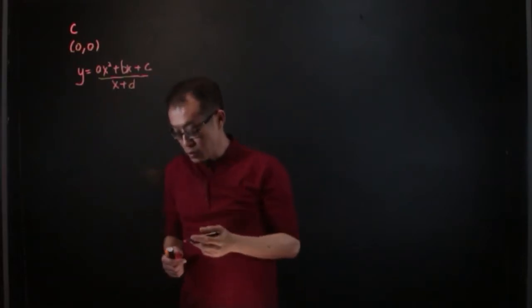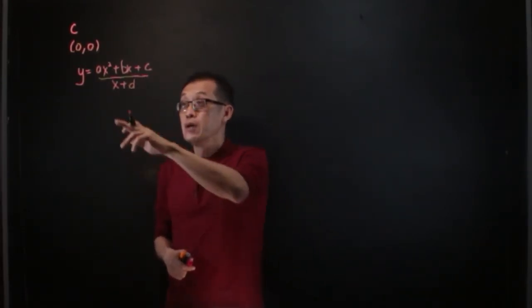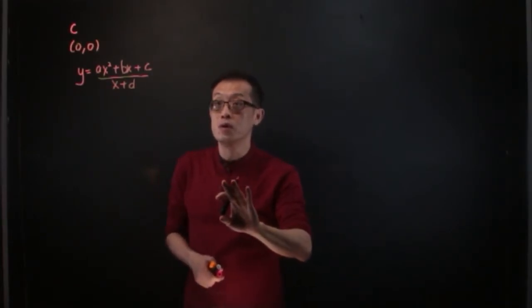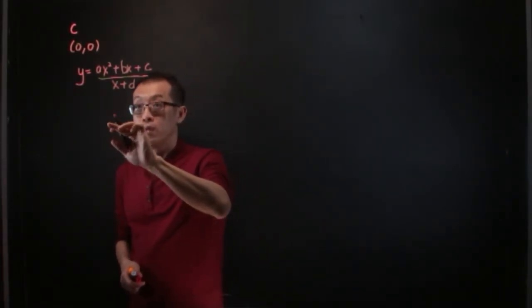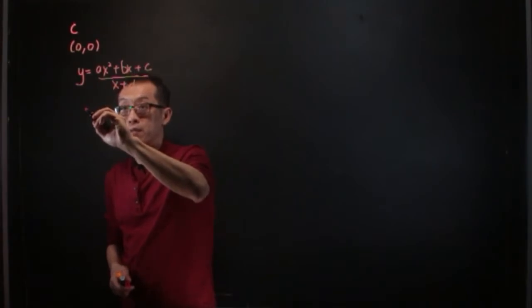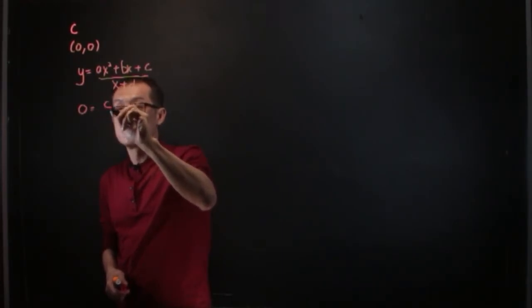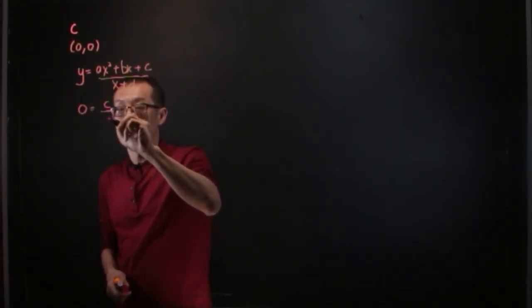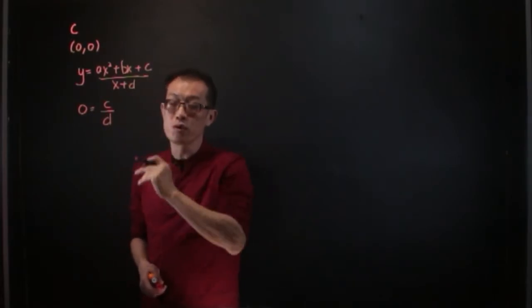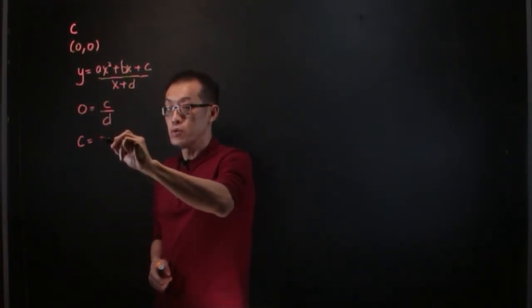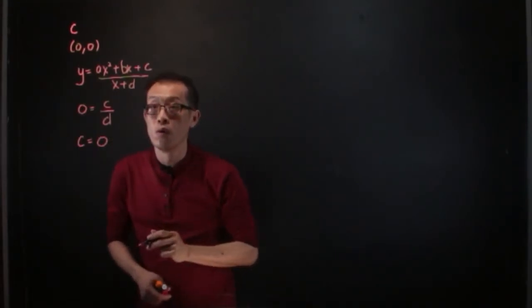Now this portion of the question is really straightforward. You just put x equals to 0 and y equals to 0. And then what do you get? Now you get 0 equals to cd. Now so c is equals to 0.